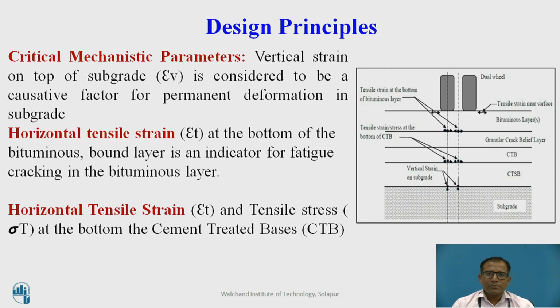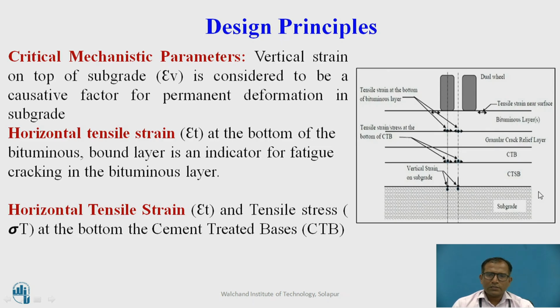So for the main design principles of designing a flexible pavement, we have to consider the location of the strains, or the location of the failure points in the flexible pavement, so that we can consider those in the design parameters. In this pavement design method, the vertical strain on top of the subgrade, here you can see the subgrade, the strain at the top of the subgrade, below the wheel and at some distance from the wheel path, that position is considered as the critical location.